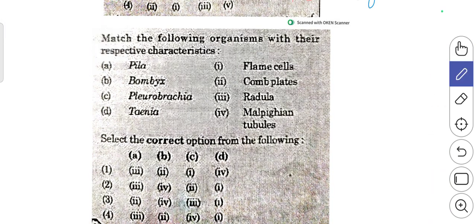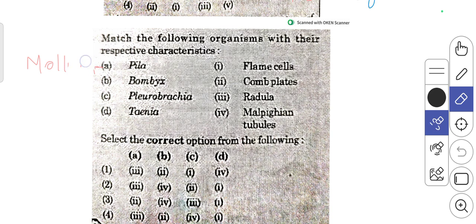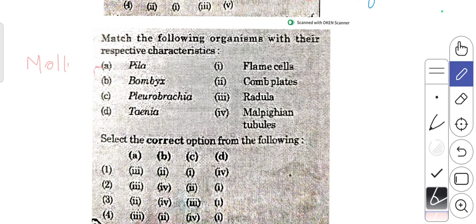It is from the animal kingdom, phyla. So phyla, it is from Mollusca, snail. So Molluscans have a special structure, that is radula.